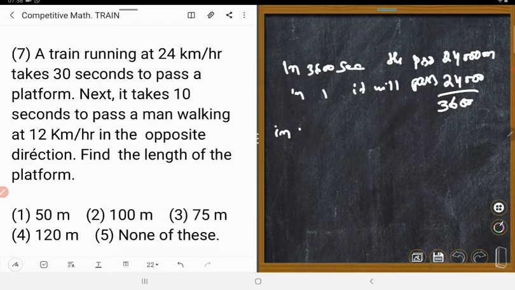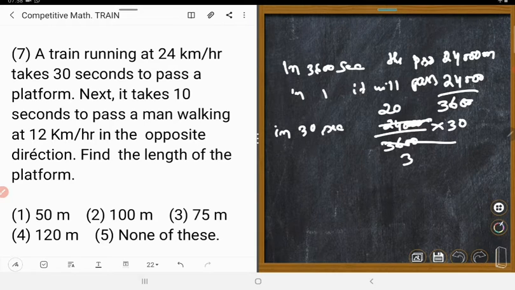In 30 seconds, it will pass 24,000 upon 3600 into 30. So the zeros cancel. 12 3 da, 12 20 da, 3 10 da is equal to 200 meter. Could you understand? 200 meter. So it is the length of a platform and the train.